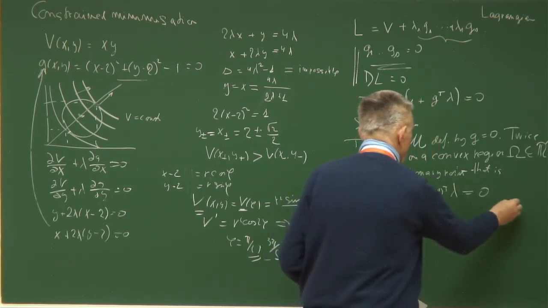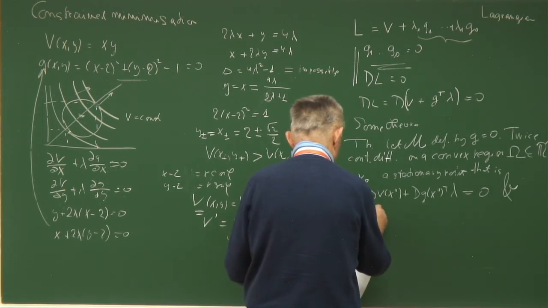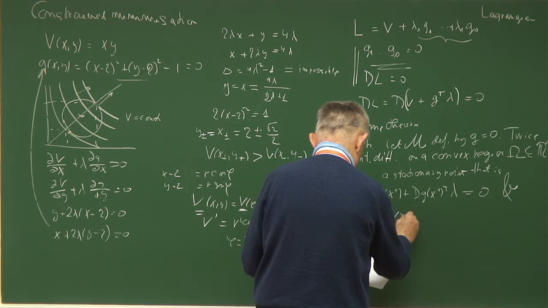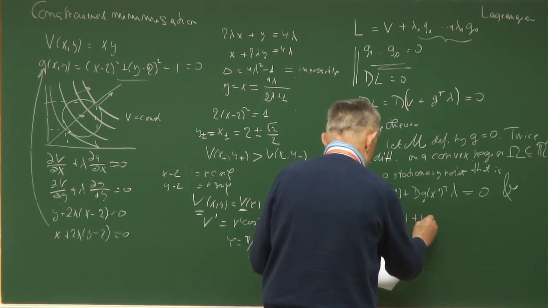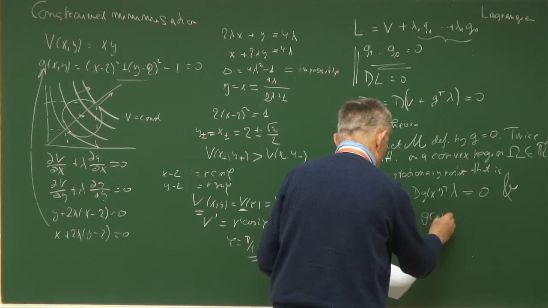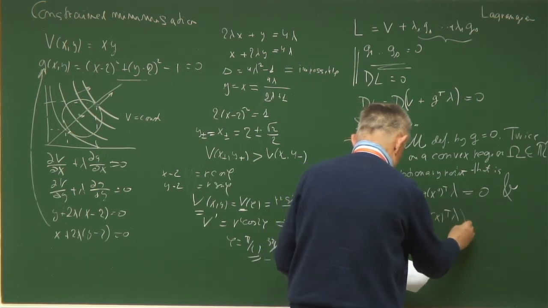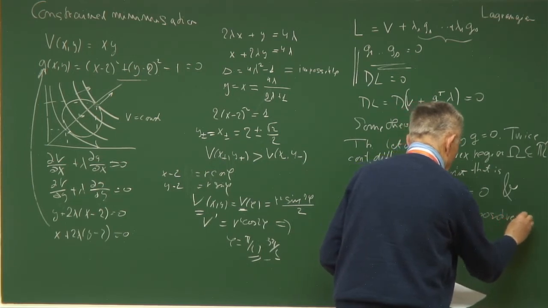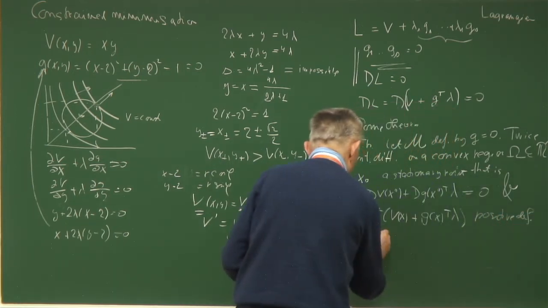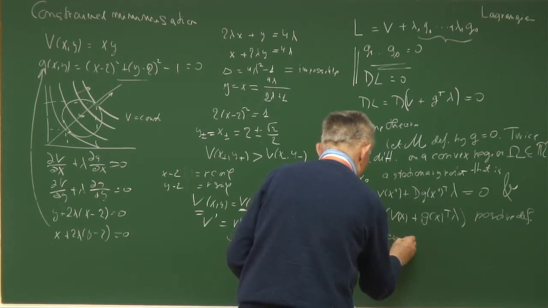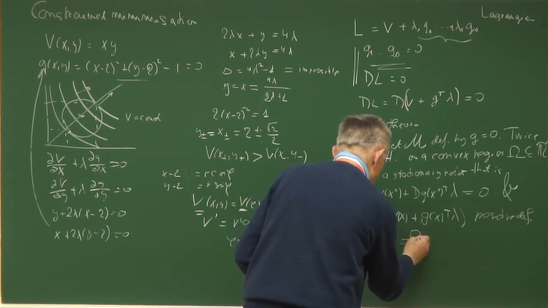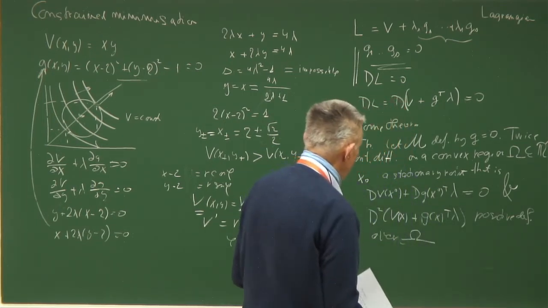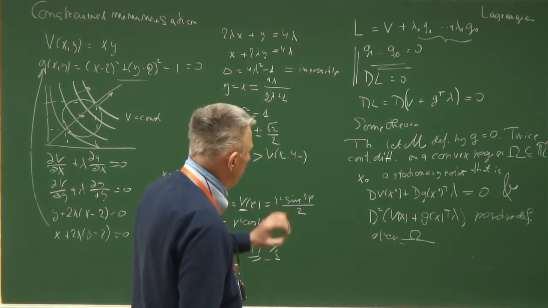And the second derivative is positive definite over omega. So these are the assumptions.